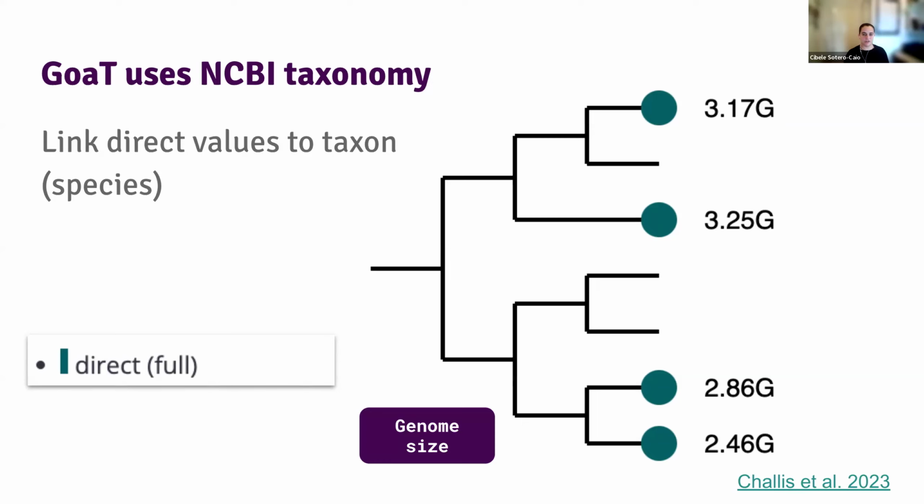So imagine that for genome size, we don't have the entire tree with direct observations, right? The genome size of, I don't know, Cnidaria is not there. We have some species that do have the observation, and we map it to the species.